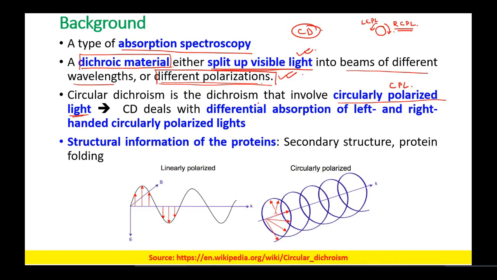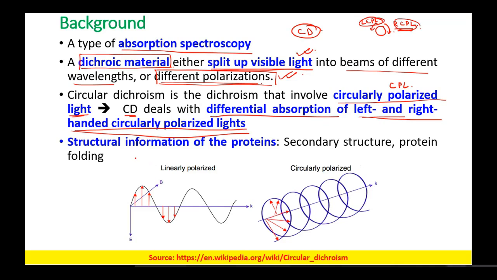So CD spectroscopy basically deals with the differential absorption of left and right handed circularly polarized light. All these molecules, these proteins, have the capability to differentially absorb either the LCPL or the RCPL light.